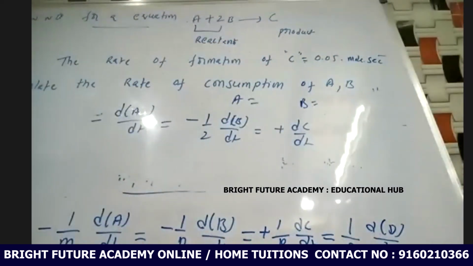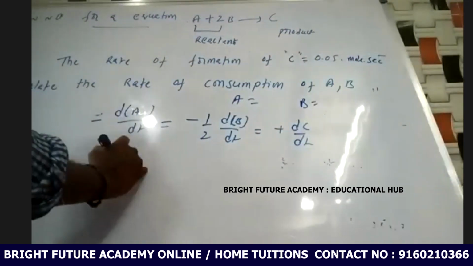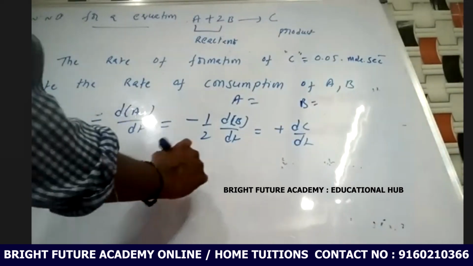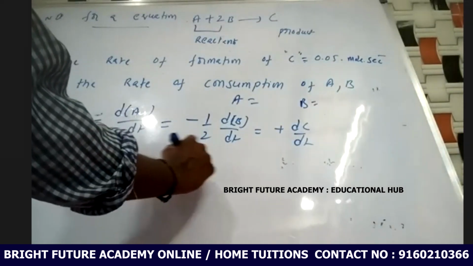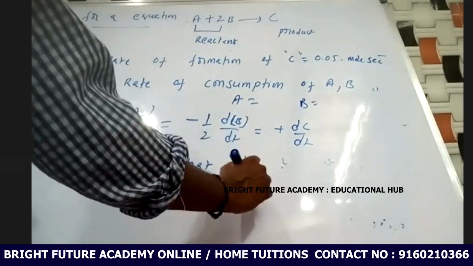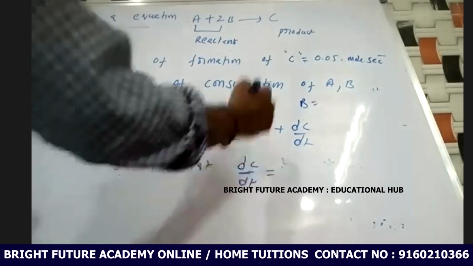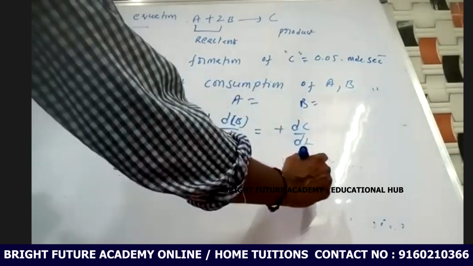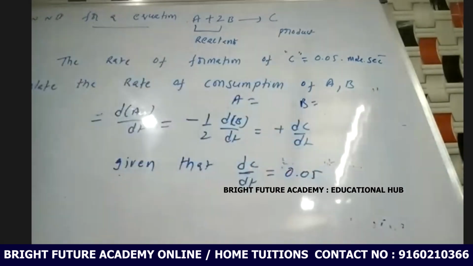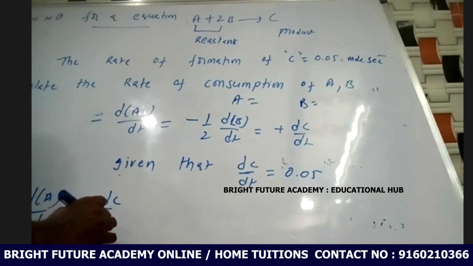So we have to find out the individual rates, one by one. Given that value, dC by dt, the rate of formation of C, is 0.05 moles per second. So first of all, you can take minus of dA by dt, that is equal to dC by dt.